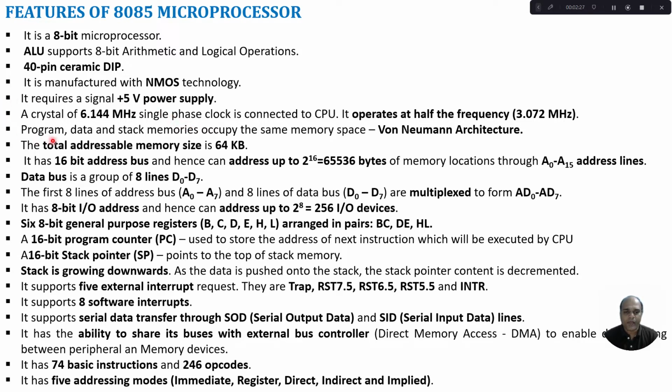The program space in the memory will be used for storing the instructions. The data space in the memory will be used for storing the data, and the stack space in the memory is used for storing the context information. So whenever there is a subroutine call or whenever there is an interrupt to be serviced, in that case the interrupt service routine will be executed.